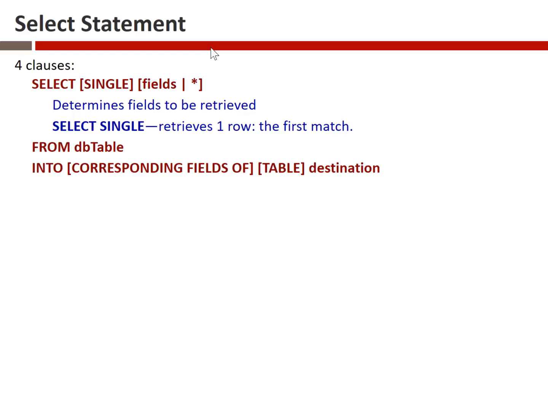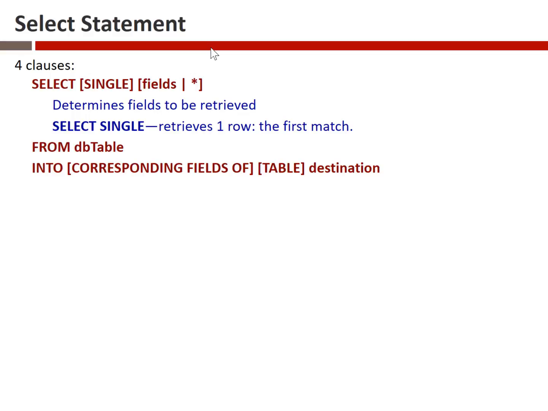That's the into clause. And the idea here is I can put the result into an internal table, in which case it will say into table and then list the name of the internal table. Or if I use select single, I could actually be storing this in a single data object that represents a structure. And so I could say into corresponding fields of, and then I could list a structure there.